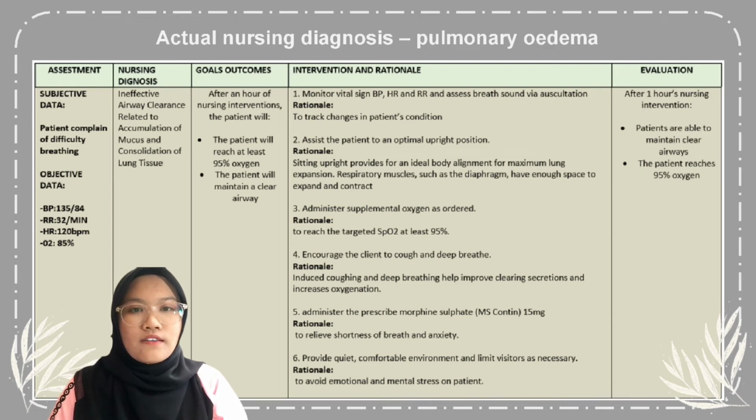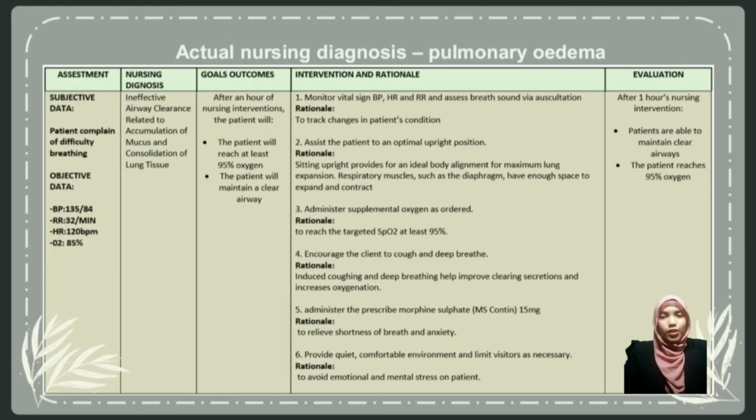Nursing diagnosis: ineffective airway clearance related to accumulation of mucus and consolidation of lung tissue. Goal outcomes: after an hour of nursing intervention, the patient will reach at least 95% oxygen. The patient will maintain a clear airway.